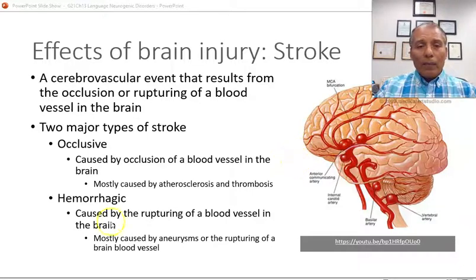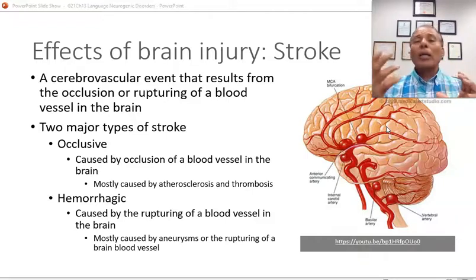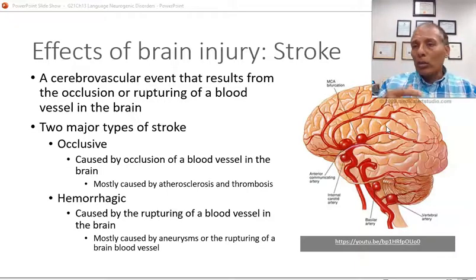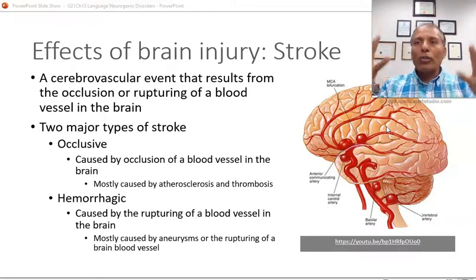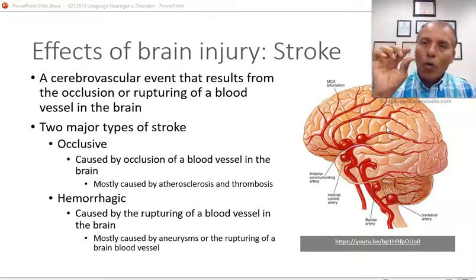Then we have hemorrhagic strokes. It's caused by an eruption of a blood vessel. That eruption can be, for example, because of an abnormally thin wall of the artery. Arteries carry the blood from the heart to the rest of the body. They have a higher level of pressure, and they are particularly thick, with thick walls.